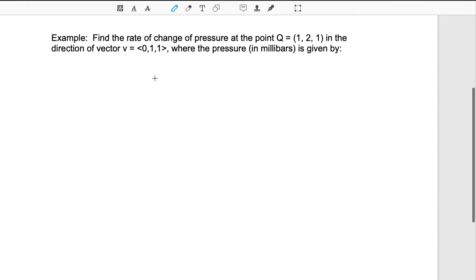All right, so as our example, we're going to find the rate of change in pressure at a point Q. So here's our point (1, 2, 1) in the direction of (0, 1, 1), where the pressure in millibars is given by the following function, which I could not properly write with the program I'm using, so I'm going to write it out.